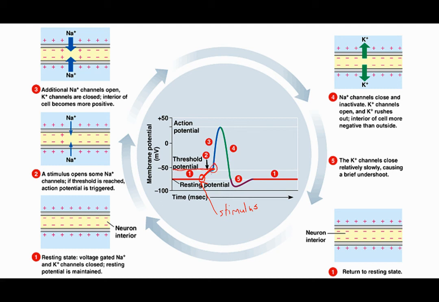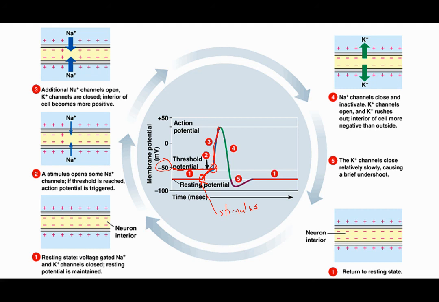At this point right here is negative 50 millivolts. So if the stimulus is great enough that it opens up enough sodium ion channels to make the inside get to that minimal threshold potential of negative 50 millivolts, then at that moment all of the sodium gated channels open up and you get depolarization. Essentially, neurons either fire maximally or they don't fire at all. So we call this the all or none response.